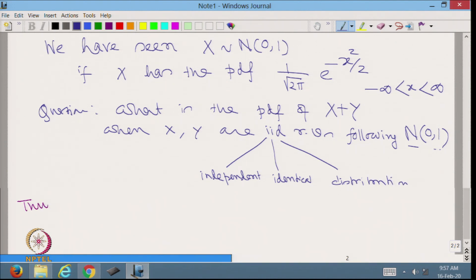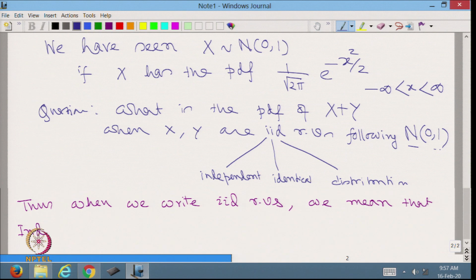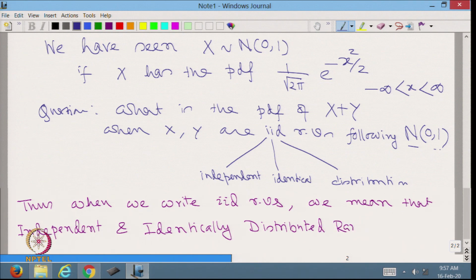Thus, when we write IID random variables, we mean independent and identically distributed random variables.